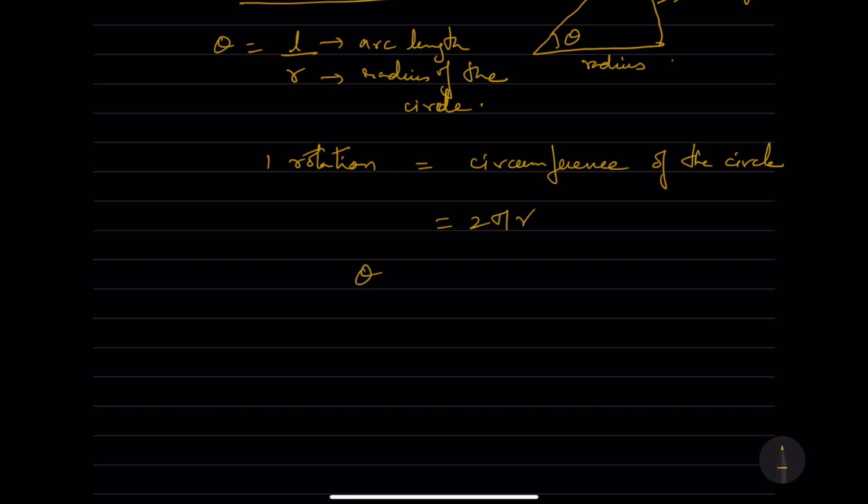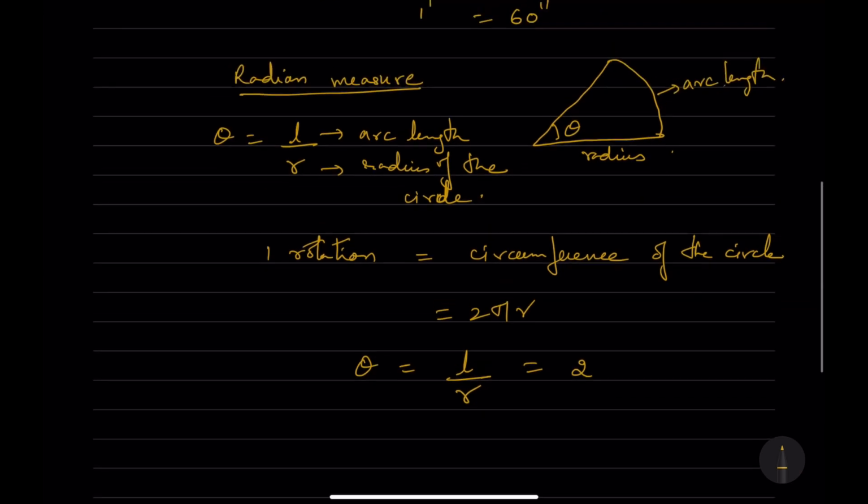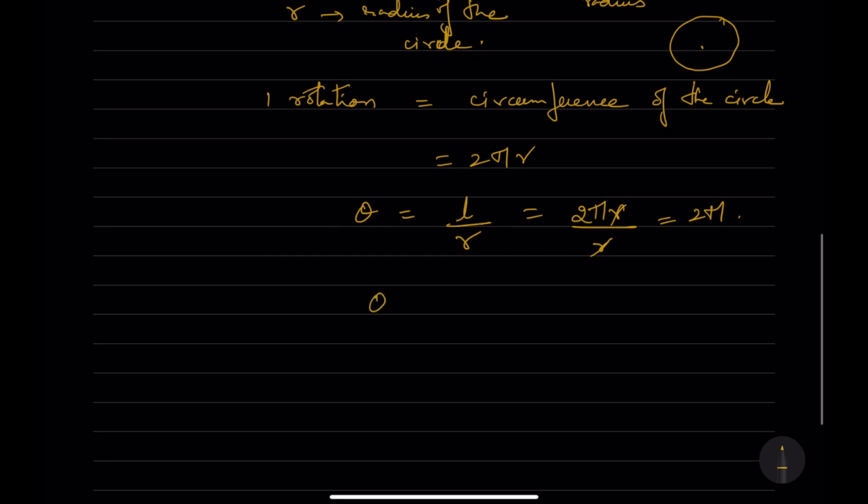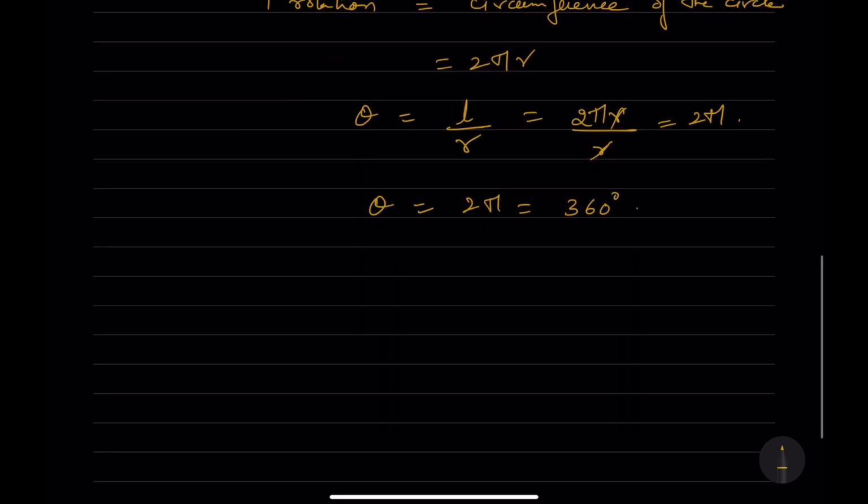So theta is equal to L by R. When it completes a complete rotation, the length of the arc is 2 pi r, so theta is 2 pi r by r, which equals 2 pi. That is one complete rotation, which we have already seen is 360 degrees. So we got 2 pi is equal to 360 degrees.